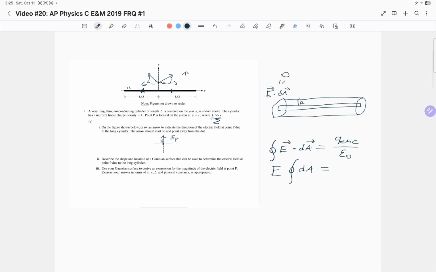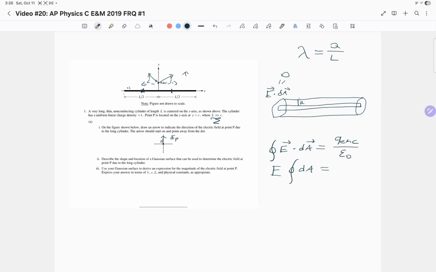So if we look at lambda, which is our uniform linear charge density, lambda is equal to the net charge over the length, which is Q over L. But they don't tell us the net charge of the very long thin non-conducting cylinder.